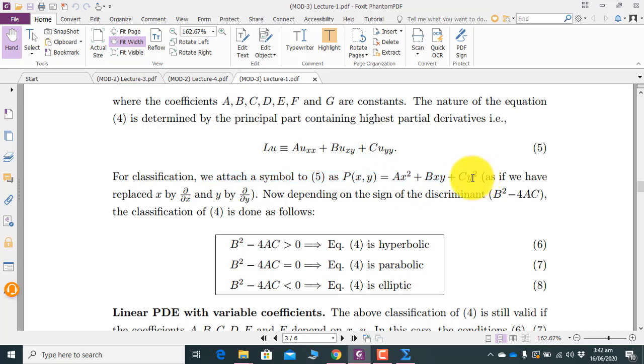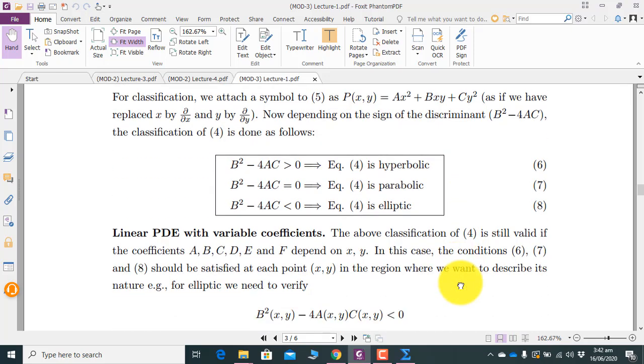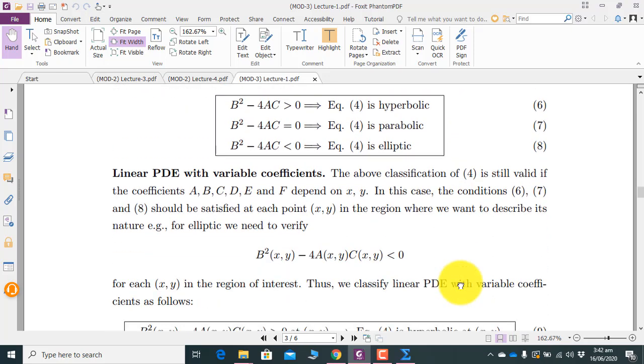This is a discriminant, this is a polynomial in x and y, and we are trying to develop the idea similar to what we developed earlier regarding the discriminant. We have replaced x by partial over partial x and y by partial over partial y. So depending upon the sign of the discriminant b square minus 4ac, similarly the equation will be hyperbolic, parabolic, or elliptic respectively.